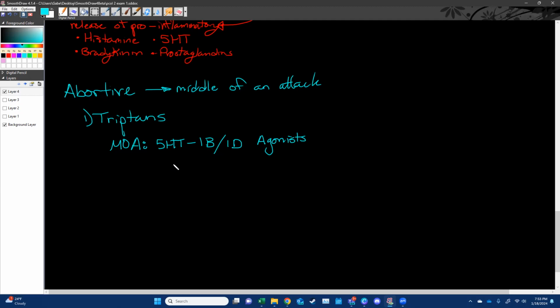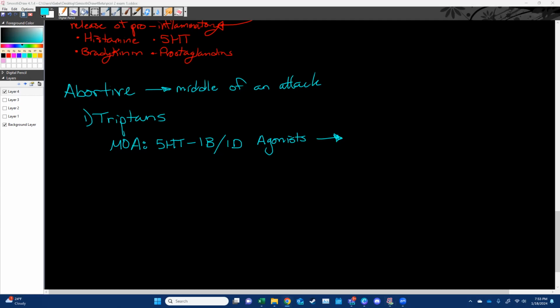What ends up happening is that quickly, can someone remind me what kind of GPCR serotonin receptors are? Inhibitory, right? So because of that, and I just want to double check my work. Yeah.